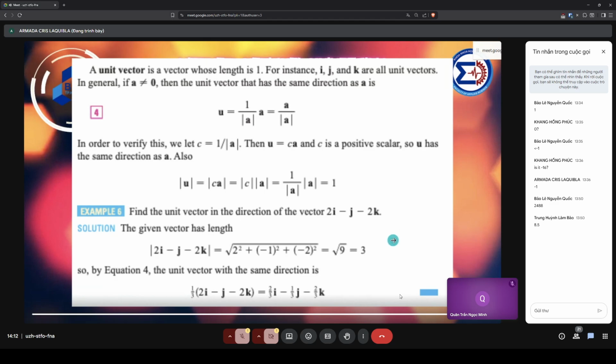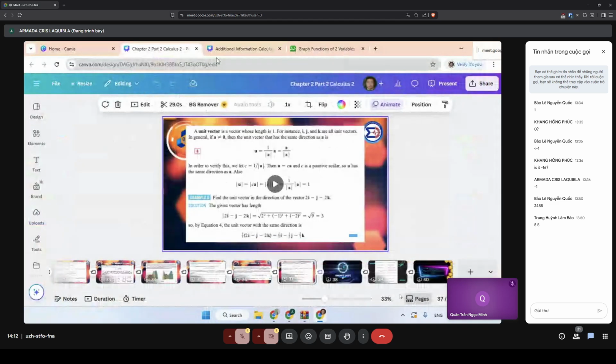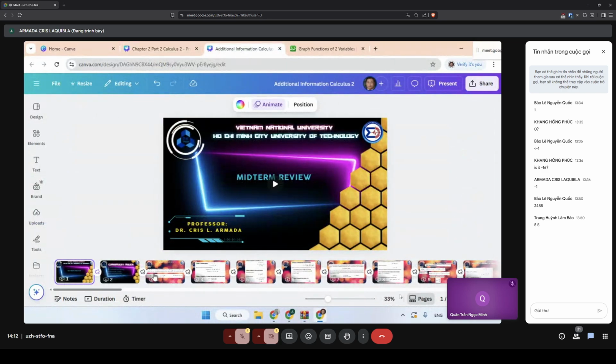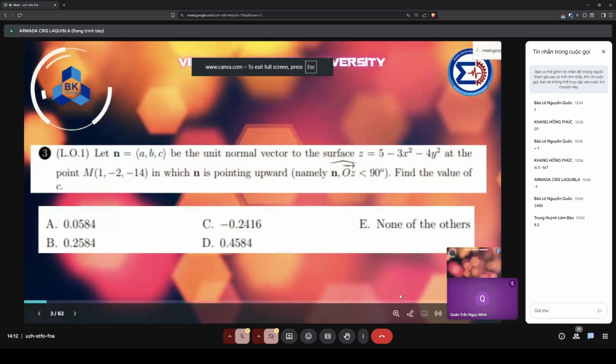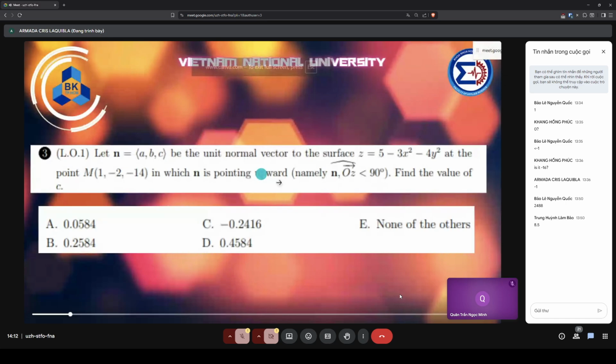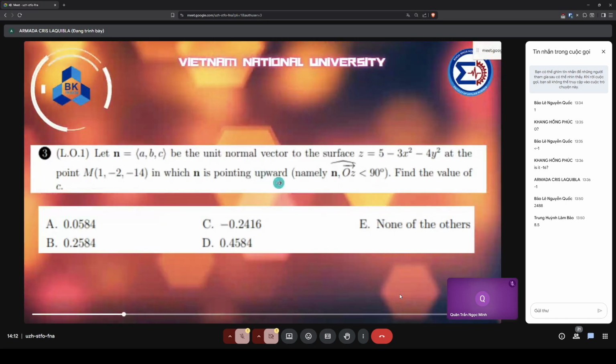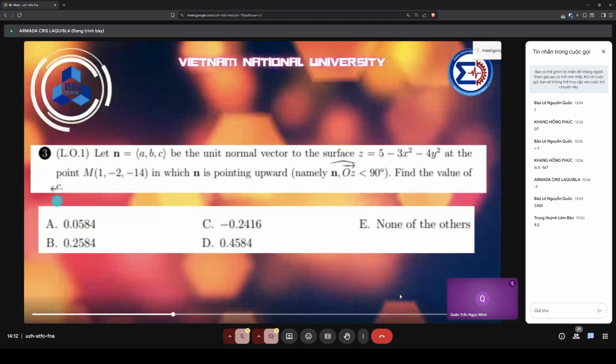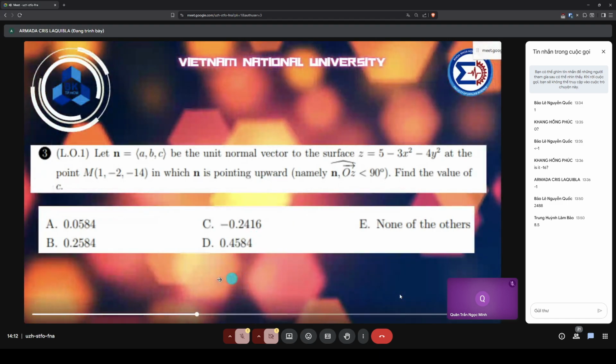And that's it. We are now in our review, but we will start with this because actually the unit normal vector, I didn't find it in the book that we are using. And I just searched for the answer for this one.